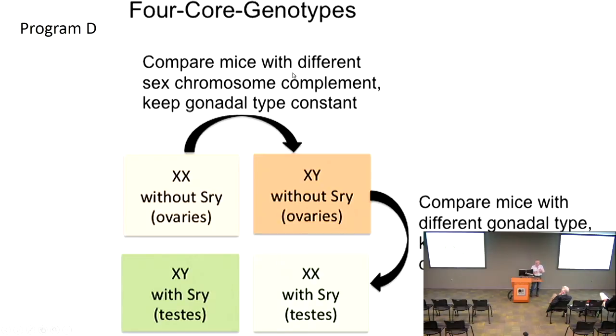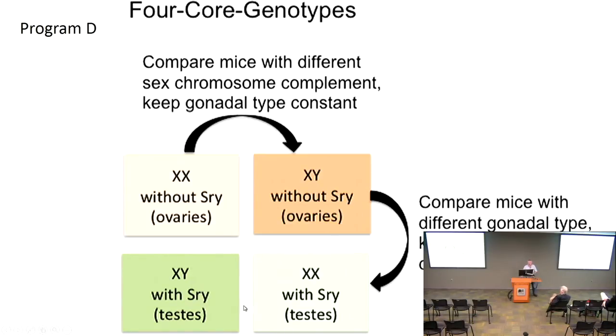They explain to you that there are things you can do, because you can get mice that have an X chromosome and a Y chromosome, and yet they still have ovaries, because you can get them where they've disabled the one gene on the Y chromosome that causes the gonad to develop as testes rather than ovaries.